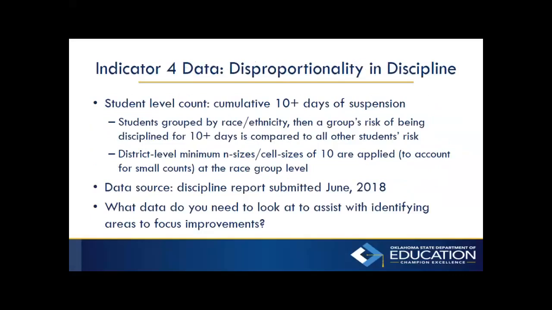This is a student level count. We look at the cumulative 10 or more, 11 or more days of suspension. So if a student is out one day and then another day the next month, let's say 1 day each month or 2 days each month, that will lead to greater than 10 days of suspension, and that student will be flagged and counted as one of those students that receives cumulative days of suspension for this indicator.